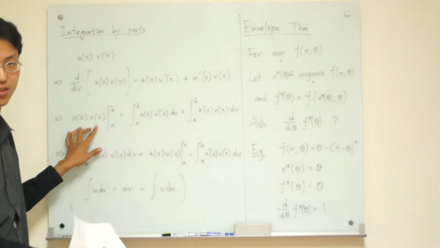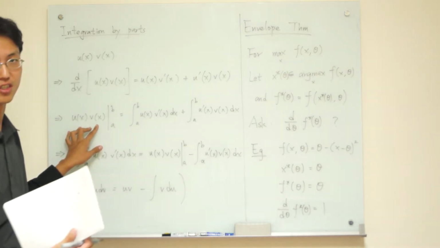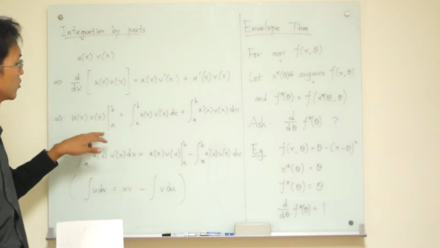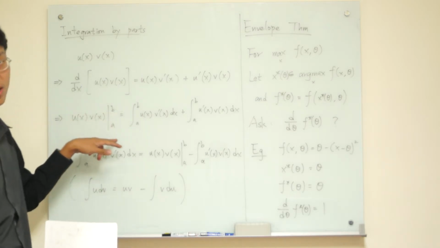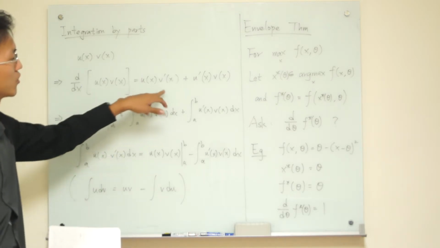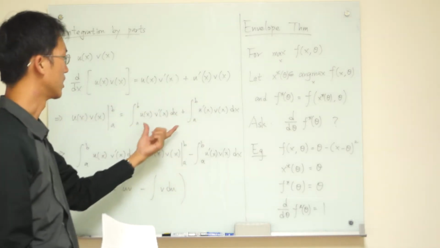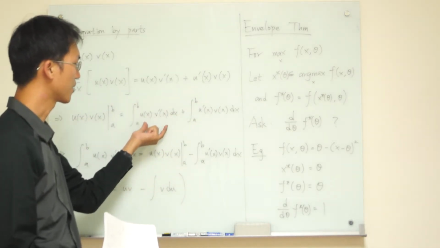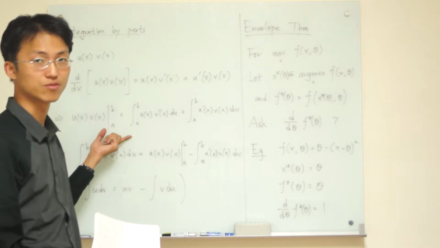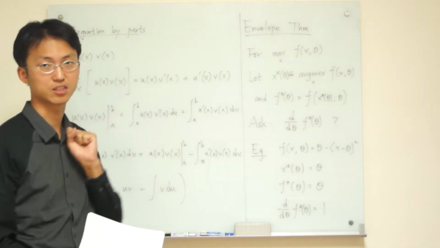Integration of the differentiation is the original thing. But here, suppose the range is from a to b, now we need to plug in a and b here. And for the other two terms, we just keep them the same and do an integration from a to b, nothing special.